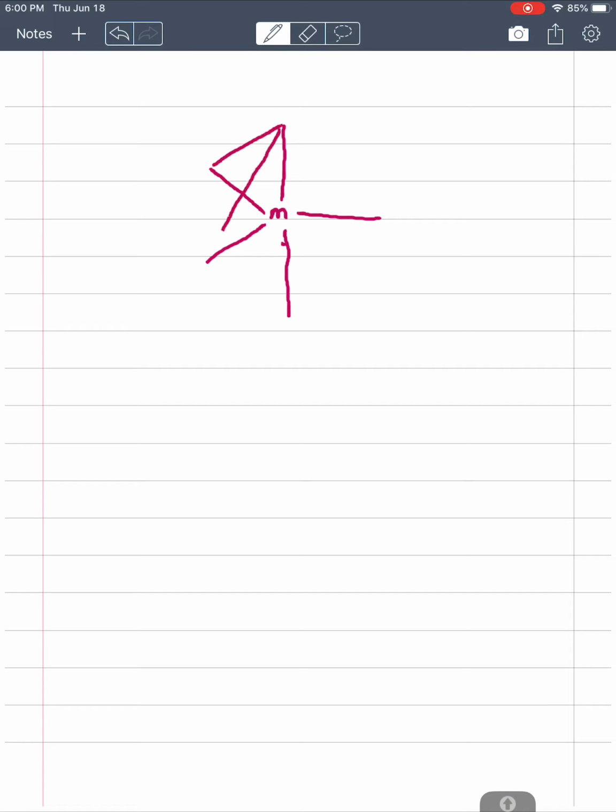So you could draw a pyramid. I've messed up this pyramid somehow. Yes, okay, hang on. Let me try that again.